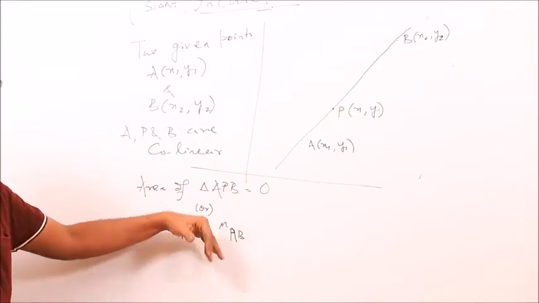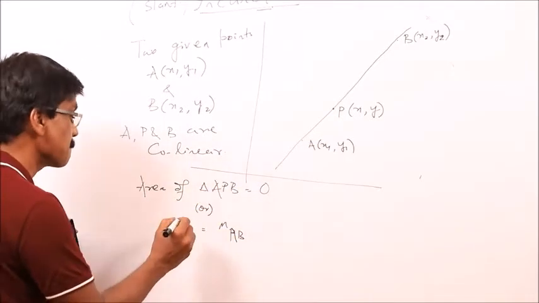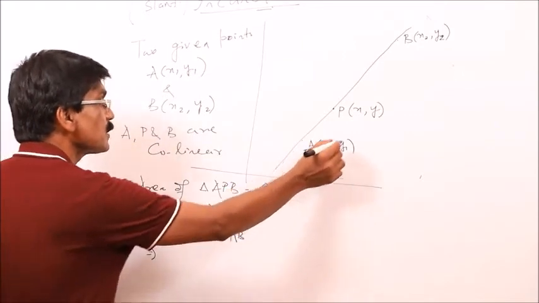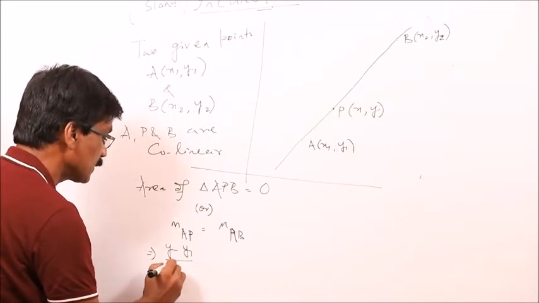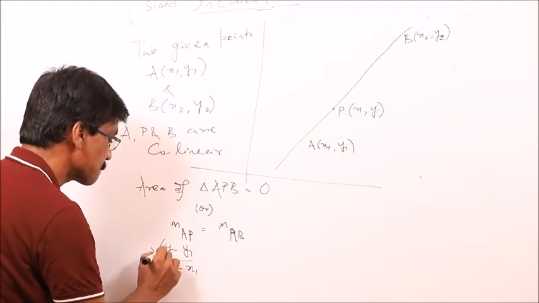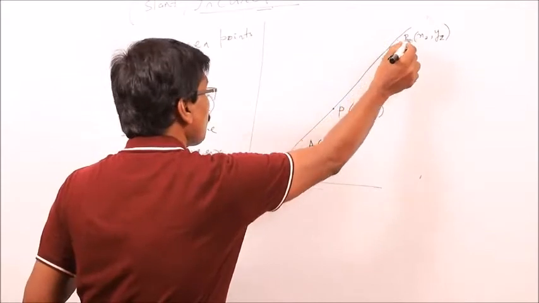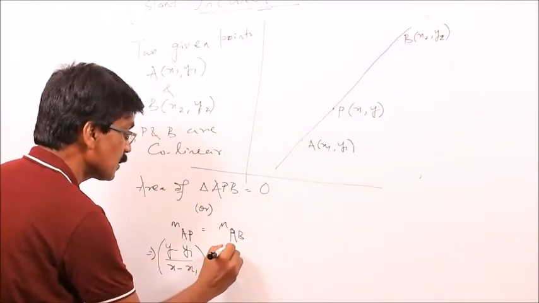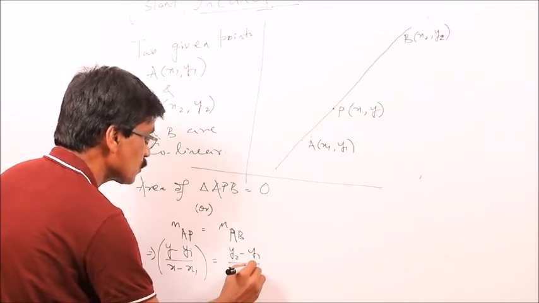So, we can take any two of the given conditions. So, what is slope of AP? It is y minus y1 by x minus x1, is equal to slope of AB, which is y2 minus y1 divided by x2 minus x1.